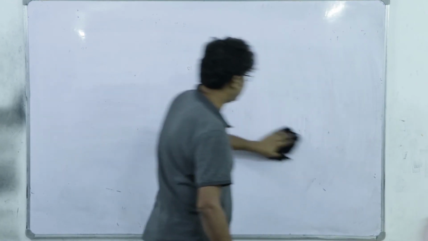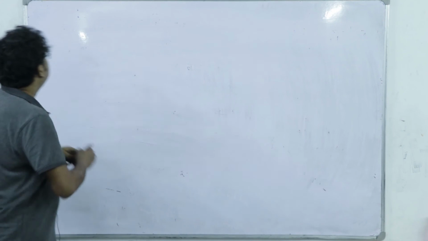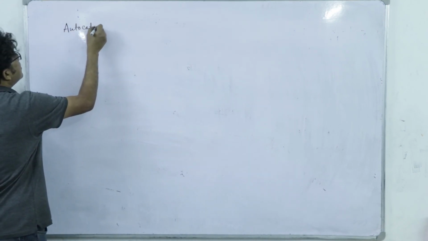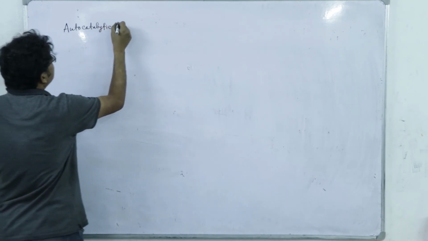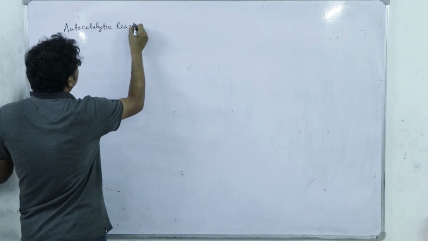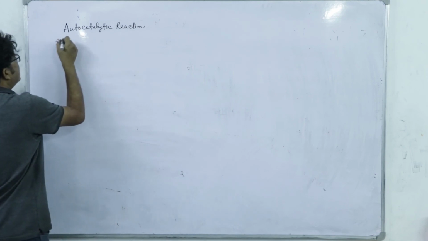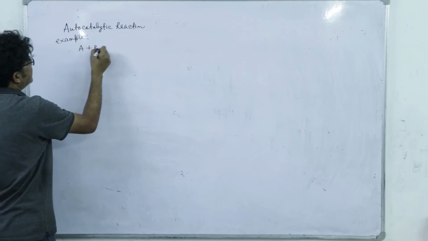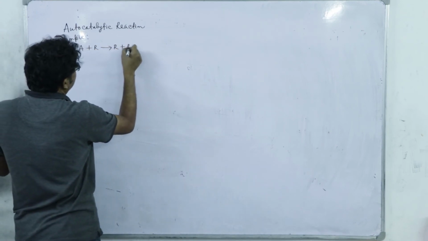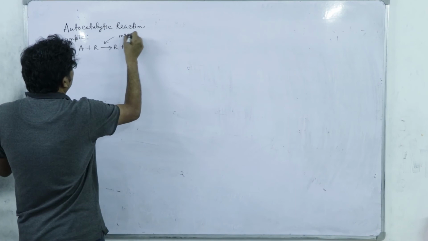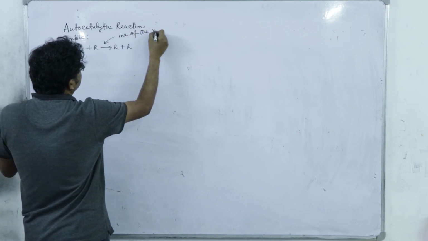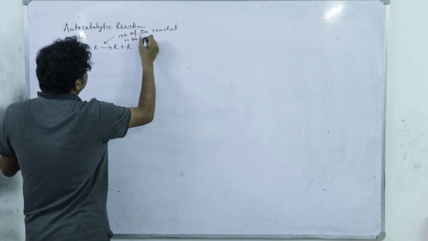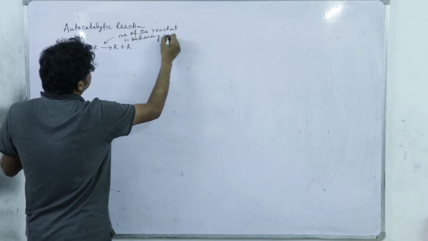So what is an autocatalytic reaction? The simplest example, A plus R giving R plus R. That is, one of the reactants is behaving as a catalyst.